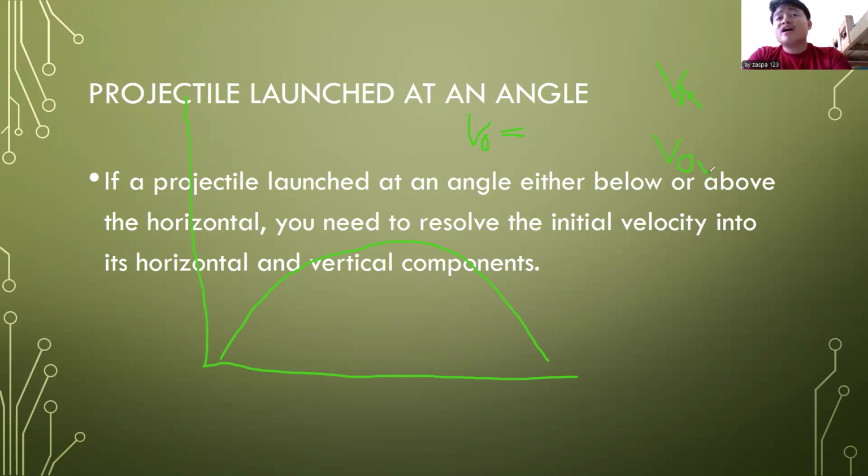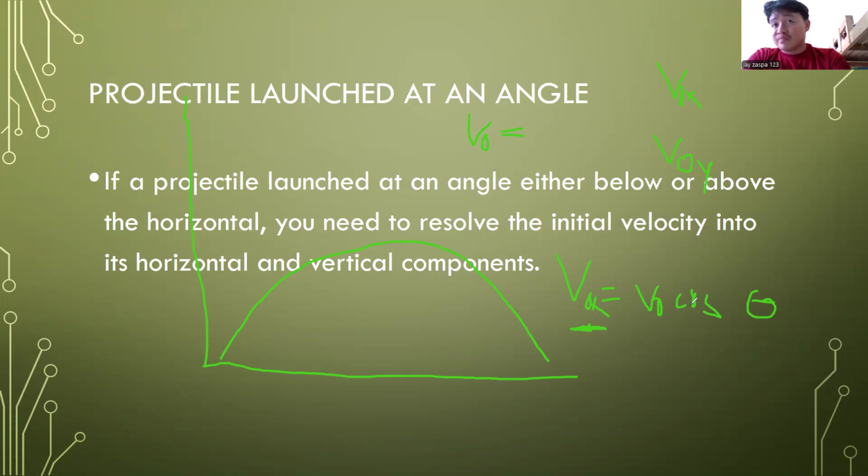That is the time that you need the formula we used earlier: V0x is equal to V0 cos angle. So the angle of projection times the cos times the initial velocity, and that is your V0x, the initial horizontal velocity.